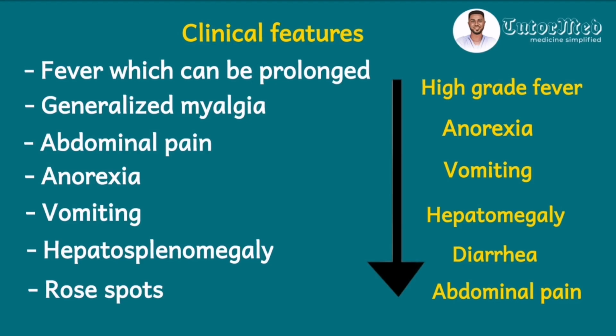You need to think about enteric fever. And so abdominal pain, although it's in the definition, is not really a common finding among patients. And so remember, high-grade fever, anorexia, vomiting, and even diarrhea, which may alternate with constipation in children, before the abdominal pain sets in, or you think of abdominal pain.